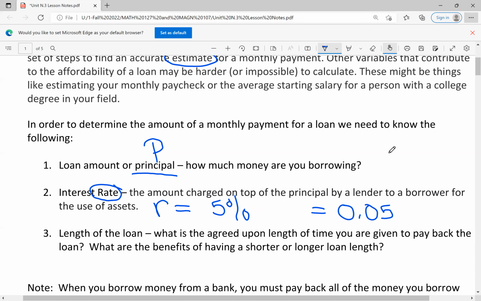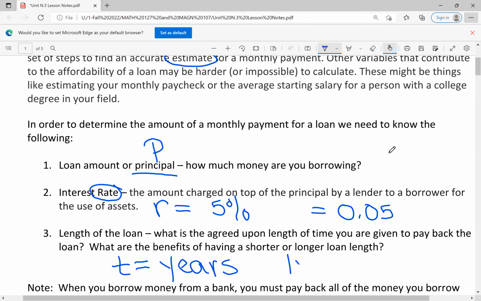The other thing that we need to consider is, what is the agreed upon length of time you are given to pay back the loan? And then also, what are the benefits of having a shorter or longer loan length? In order to figure this out, we also need to know that usually the term of a loan is given in years, but remember our job is to figure out what our monthly payment is.